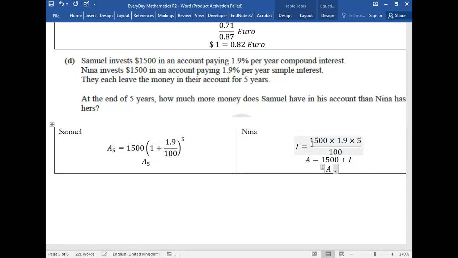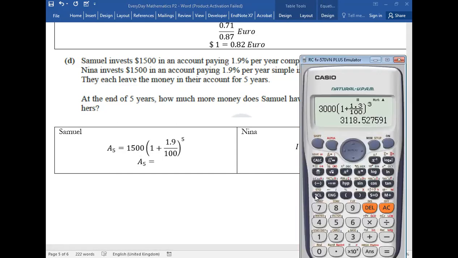Yes, class. Can you tell me the amount? What is the amount after 5 years? $1648.02.